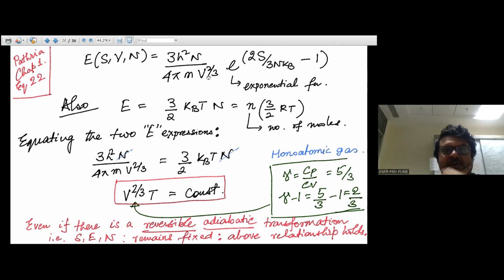from here we have V to the power 2 by 3, right? And you also have this exponential term, but that's a constant. So this term is missing actually. This term should also be here, but this is a constant term. It doesn't depend upon energy.